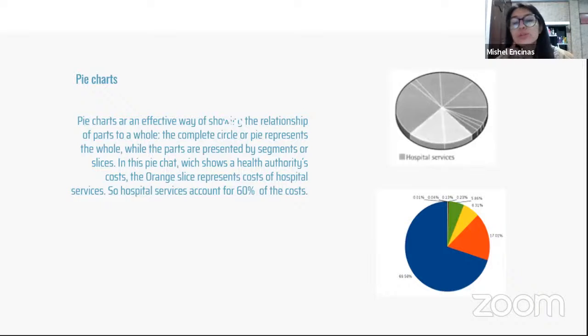Then we're going to find a pie chart. Okay? I know that you know this kind of graphics, right? This is a pie chart. Pie charts are an effective way of showing the relationship of parts to a whole, right?